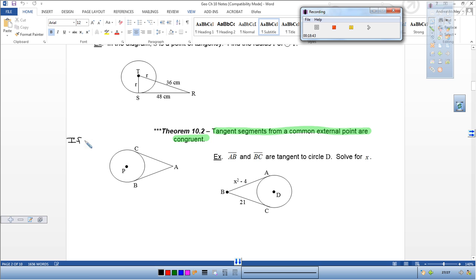So if EA and BA are tangent to circle C, then CA is congruent to BA. Segment BA. Any questions over that?